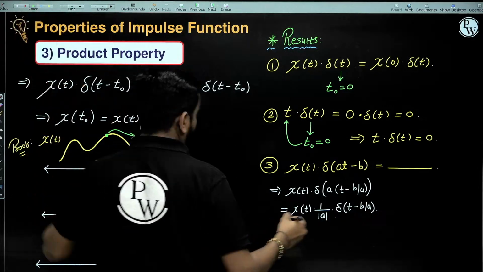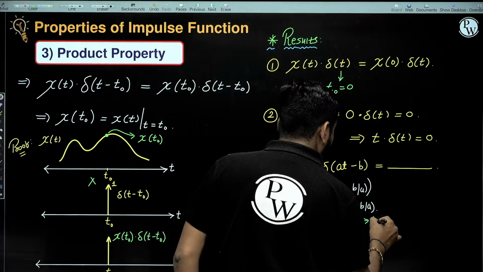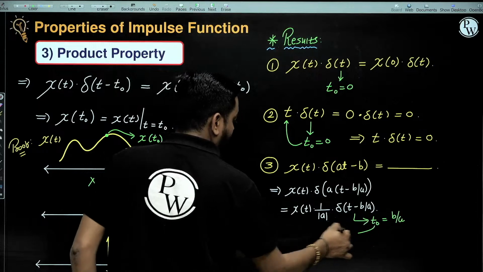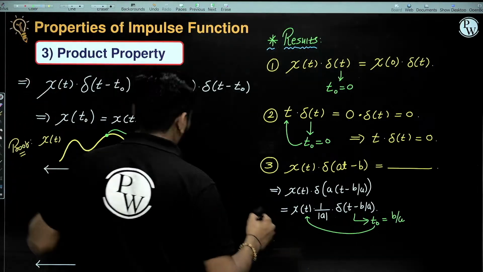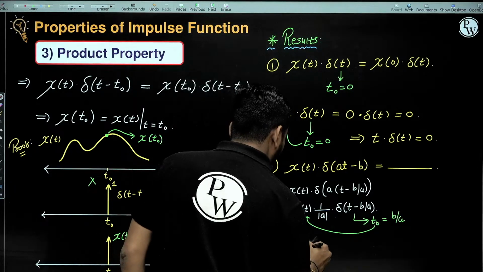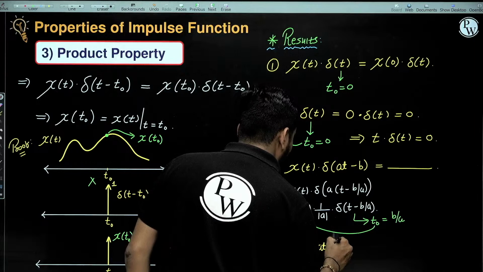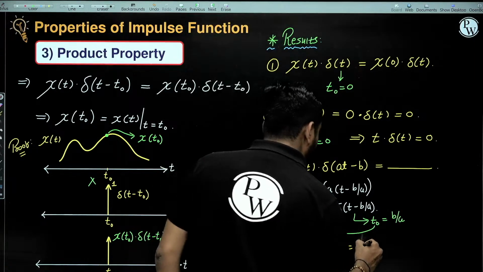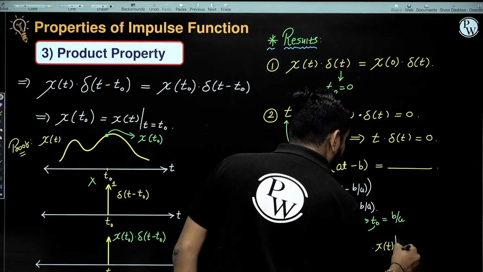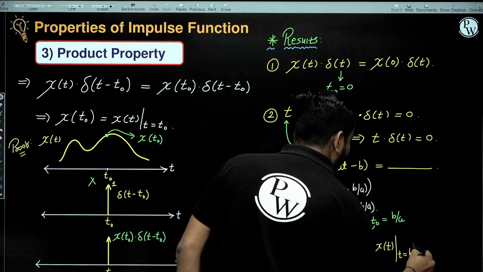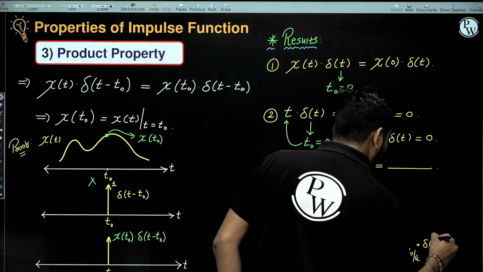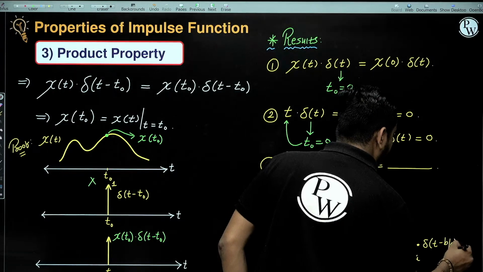Now here t naught is equal to what? You can see t naught is equal to b by a, so you put this t naught value here. Finally the result: x of t into delta of a t minus b is equal to 1 by mod a times x of t, but the value is at b by a. x of t value at b by a into, don't forget this one, delta t minus b by a, located at b by a.